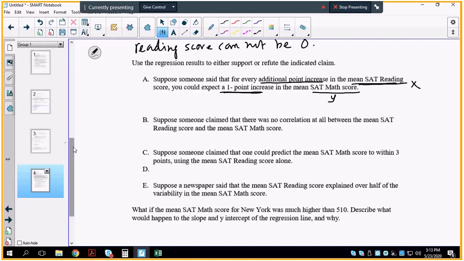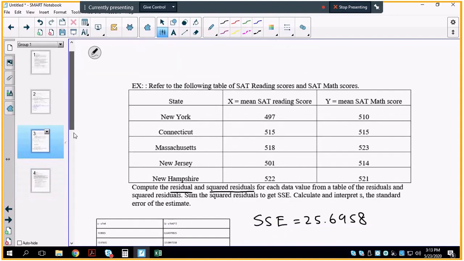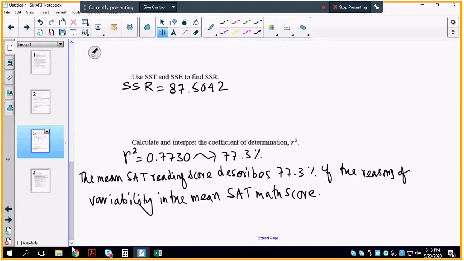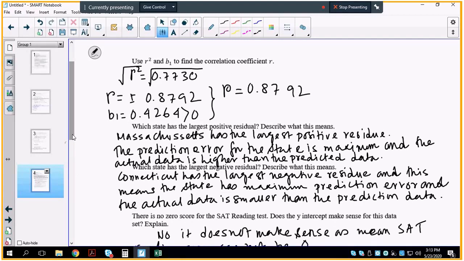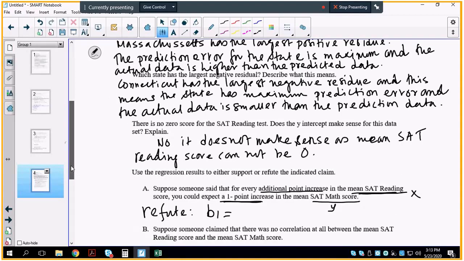So first and foremost, I'm going to refute. And why am I going to refute? Remember, B1 is that identification. So what was the value of B1? We used it once. B1 is equal to 0.4264. So that's the amount you are expecting.